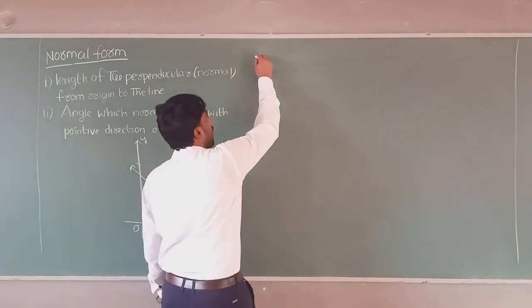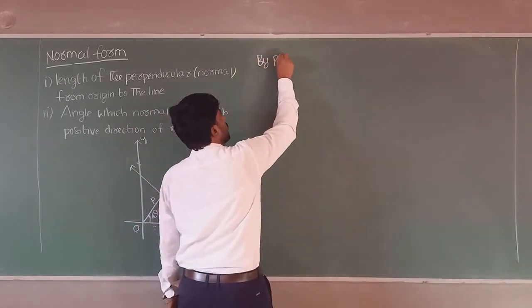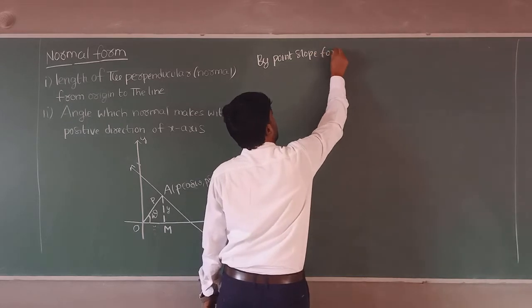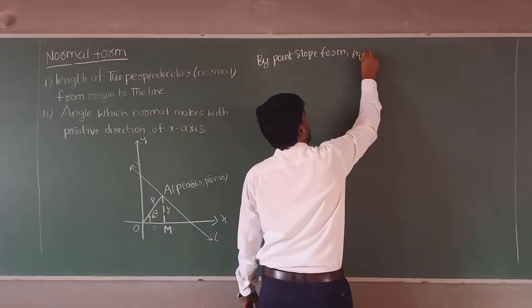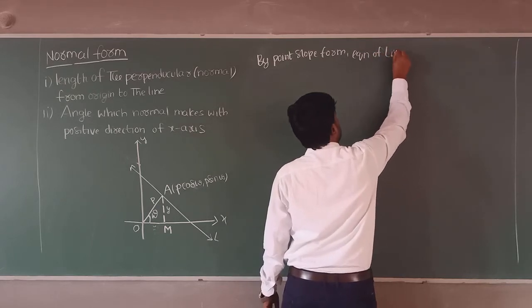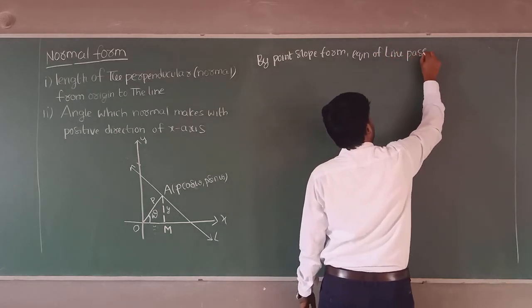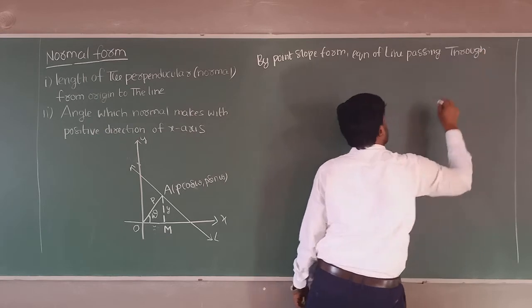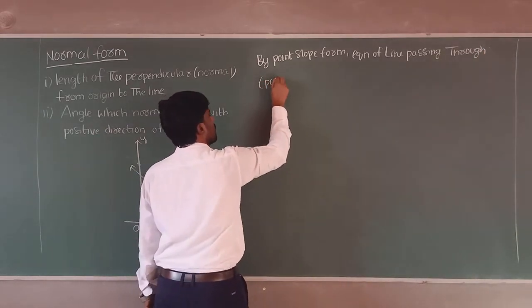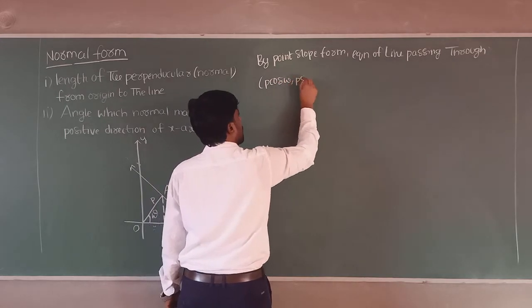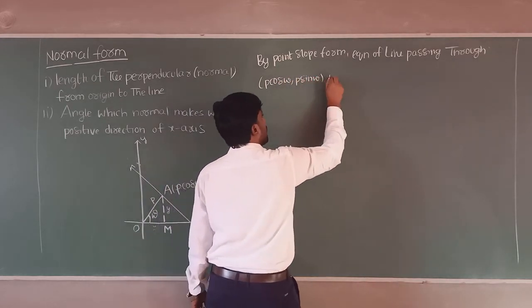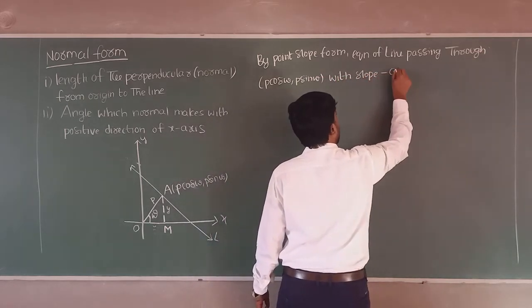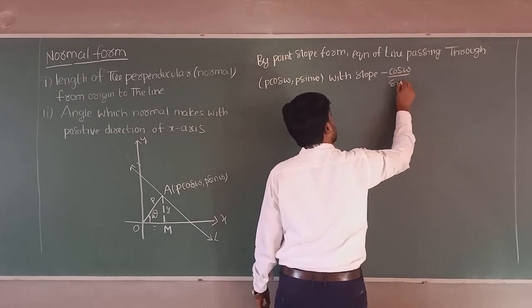So by point slope form, equation of a line L passing through P cos omega comma P sin omega, okay, with the slope minus cos omega by sin omega.